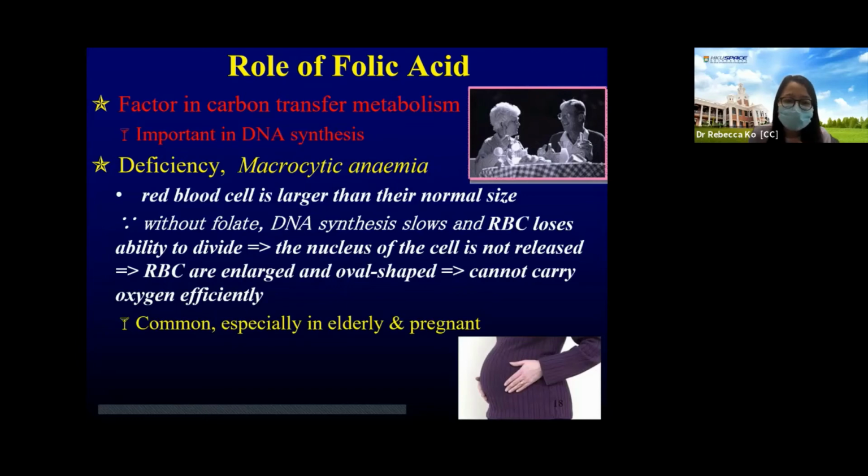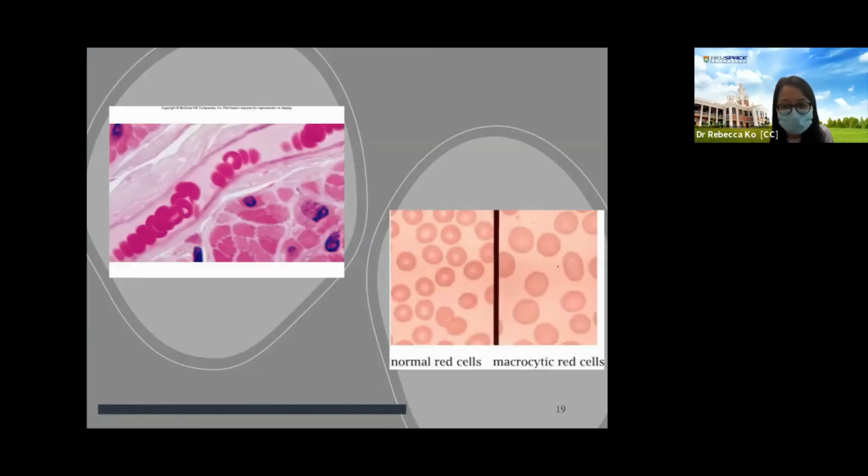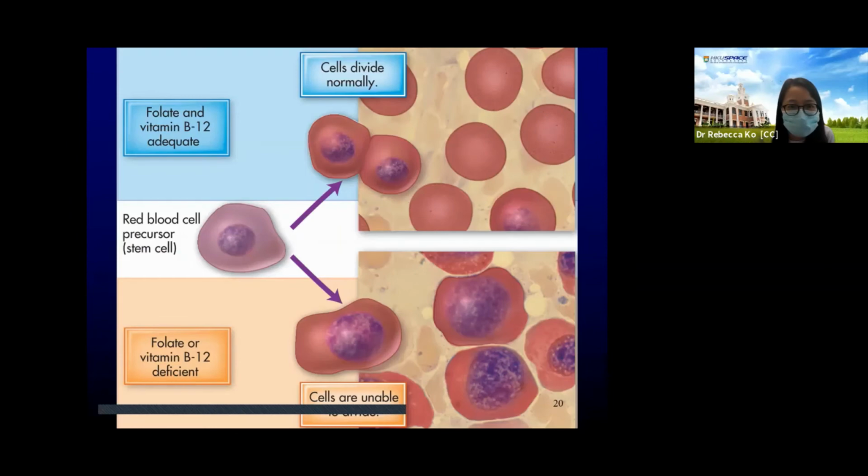This is quite common, especially in the elderly and also pregnant women. So they may need extra intake of folic acid, maybe by supplements. Here, these diagrams show you the normal cells, but for the macrocytic one, the red blood cell will be larger than the normal one. And here, this diagram is a bit more clear.